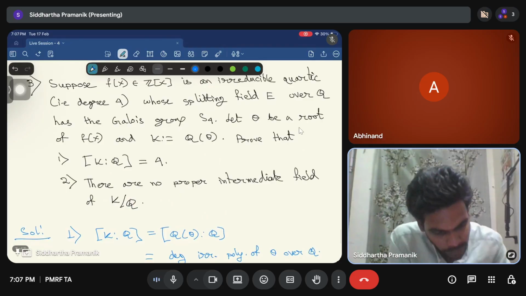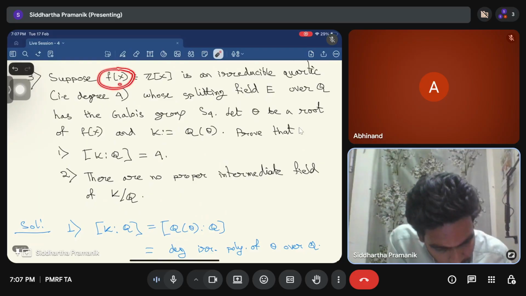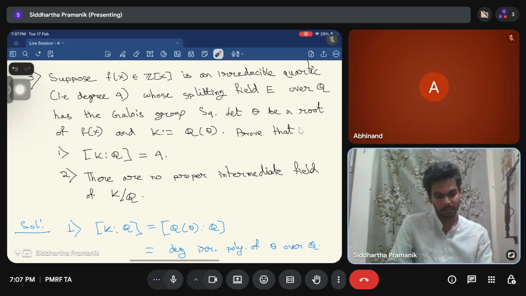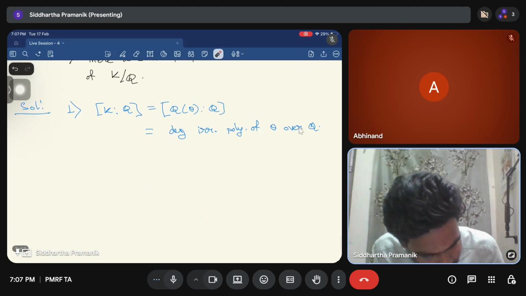Note that theta is a root of f(x), and f(x) is irreducible over Z[x]. It is not given that it is irreducible over Q[x], but it will be irreducible over Q[x].